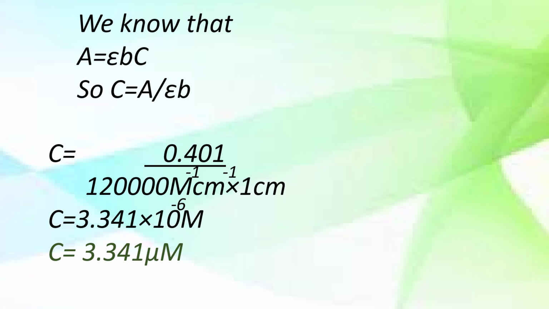After solving, concentration is found out to be 3.341 exponent minus 6 molar. This minus 6 we can replace by micro because standards are given in micromolar, so we will write our answer in micromolar. So concentration is calculated to be 3.341 micromolar.